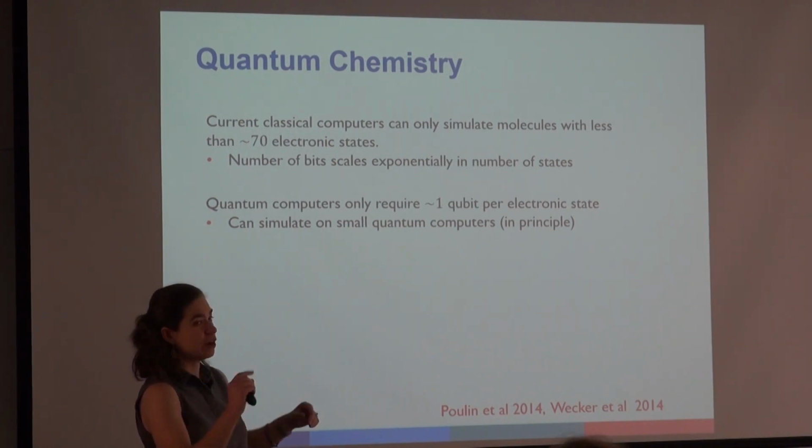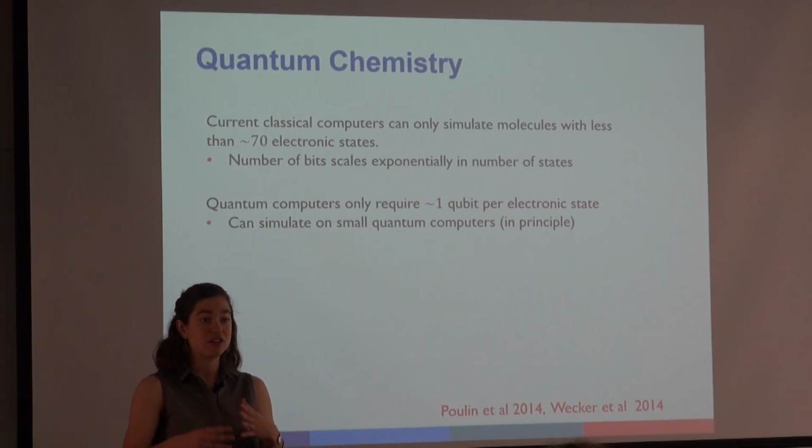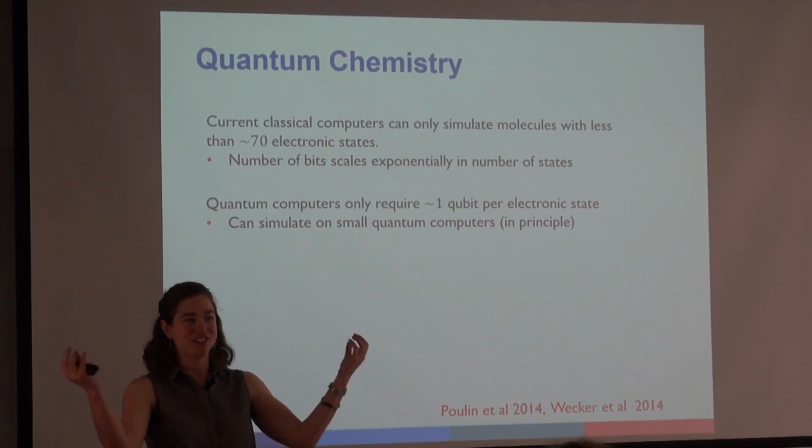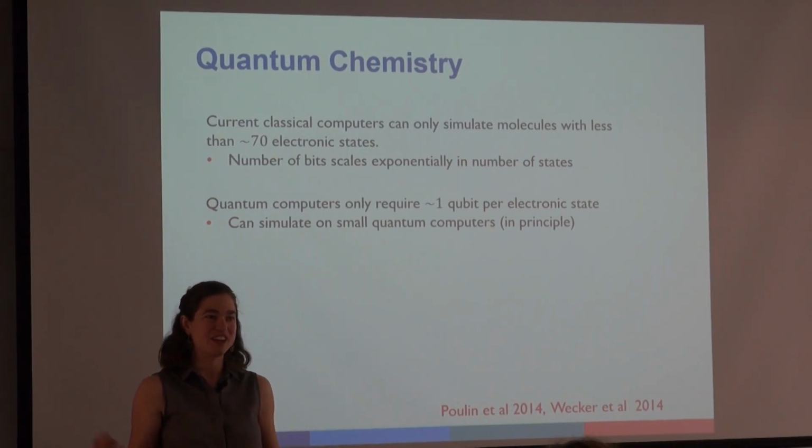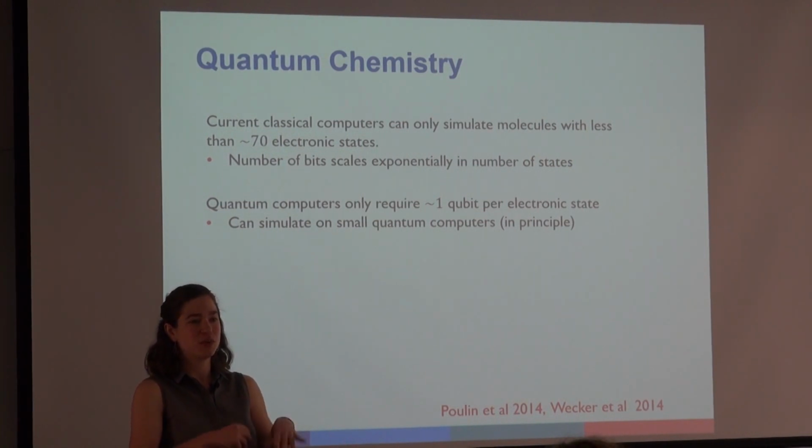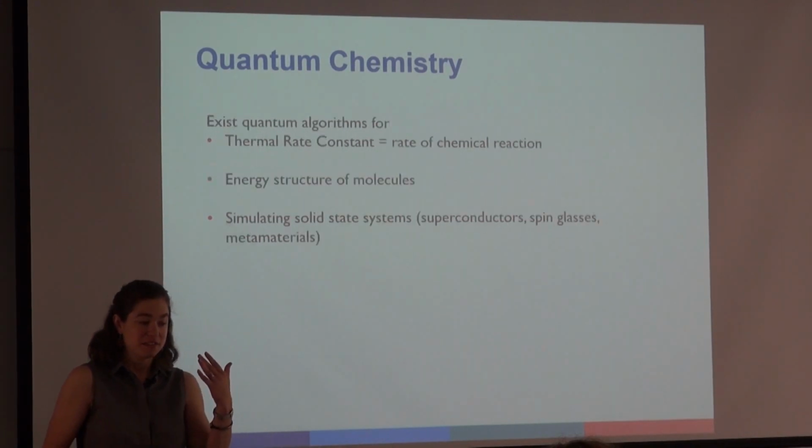I say about 100 because we also need things like error correction, since the environment is always trying to look at our computer and destroy those coherences and superpositions that Chris talked about. So we need more than just one. But in principle, with a very small quantum computer, we can simulate chemistry that we cannot simulate with the largest supercomputers.